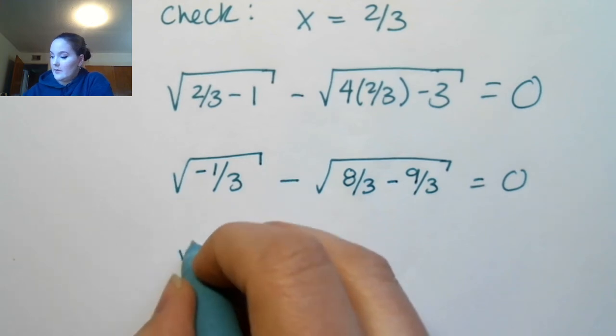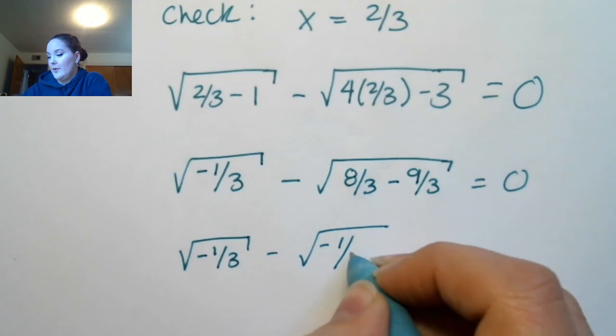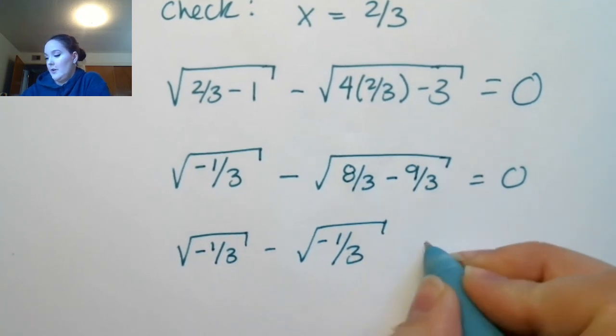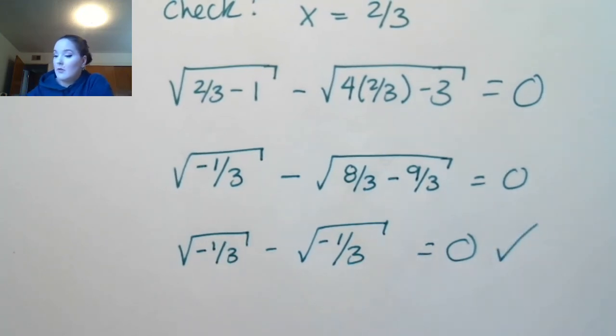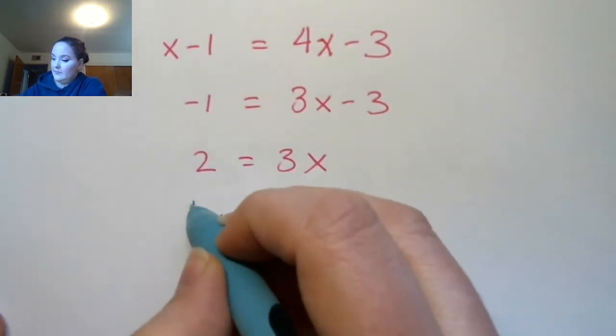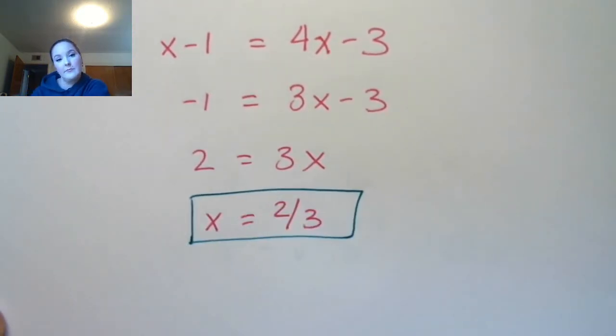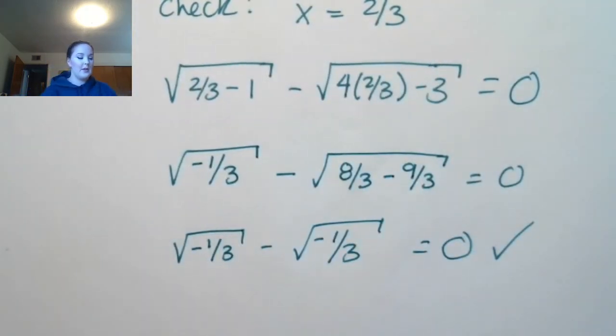So this is going to be the square root of negative 1/3 minus the square root of negative 1/3 equals 0. Now this is true. So this is really a solution to this equation. All right, let's do one more example.